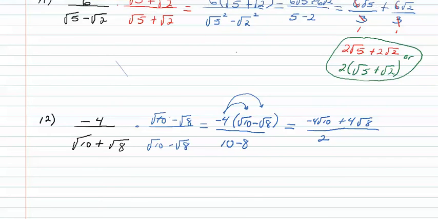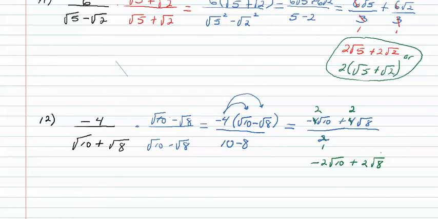I wanted you to see what I was doing. So at this point I can look at 2. Will 2 go into 4? It'll go in 2 times. Will 2 go into this 4? 2 times. So therefore I have negative 2 radical 10 plus 2 radical 8.